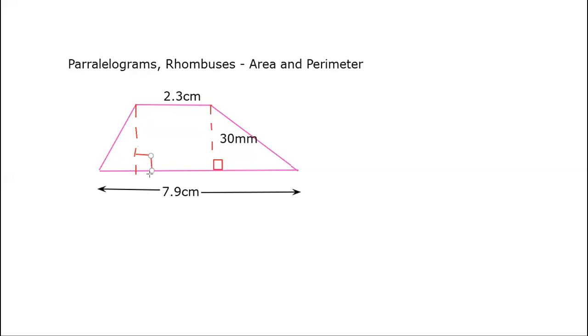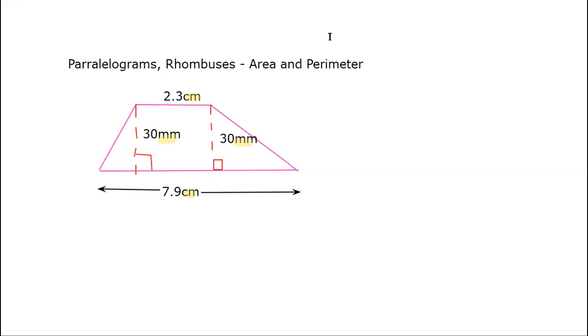Now that second altitude that I just drew in, it's exactly the same height as the other one because it's also perpendicular. So it's 30 millimeters. If you notice, we've got units in both millimeters and centimeters. So let's convert all those millimeters to centimeters.